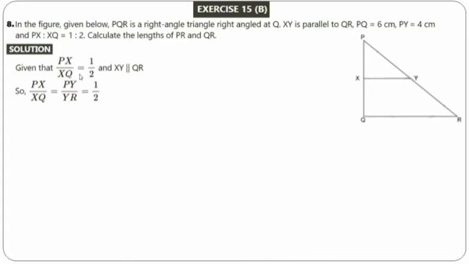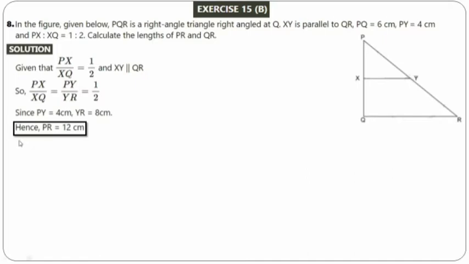PY is given to be 4 centimeter, so YR into 1 is YR, 4 into 2 becomes 8. Since PY is 4 centimeter, the value of YR becomes 8 centimeter.